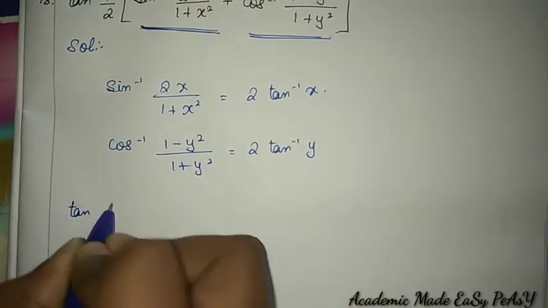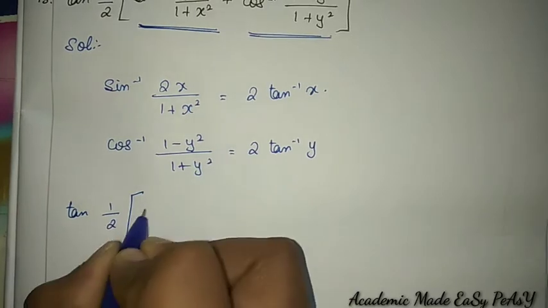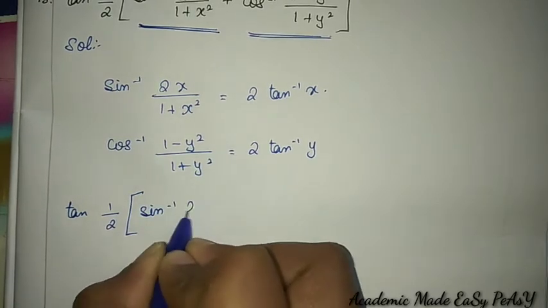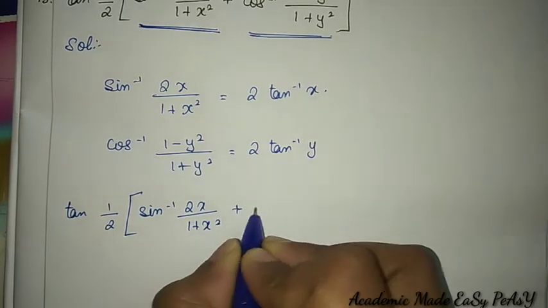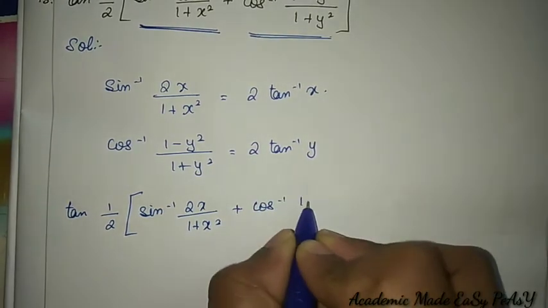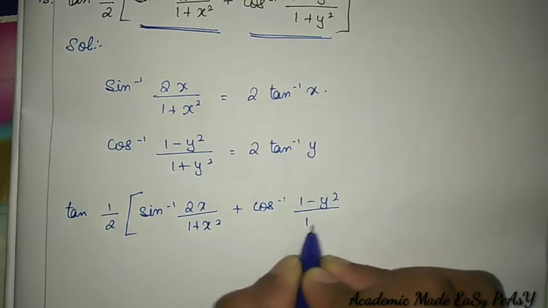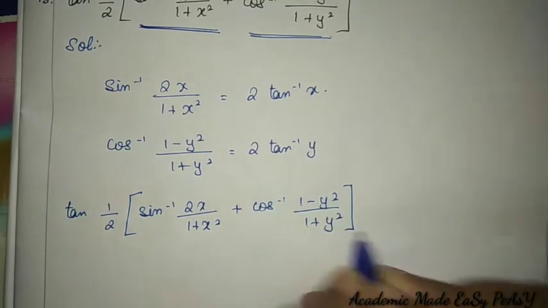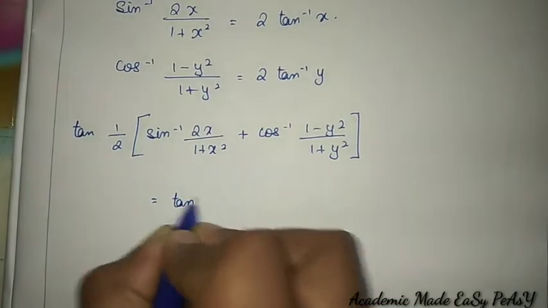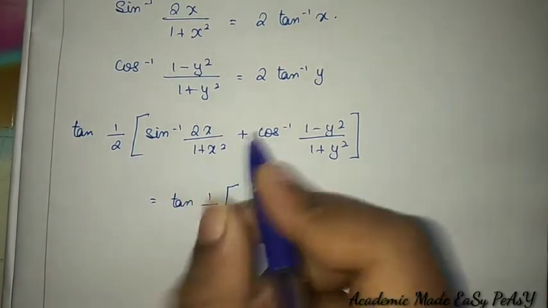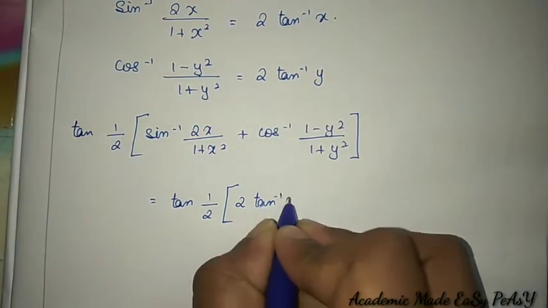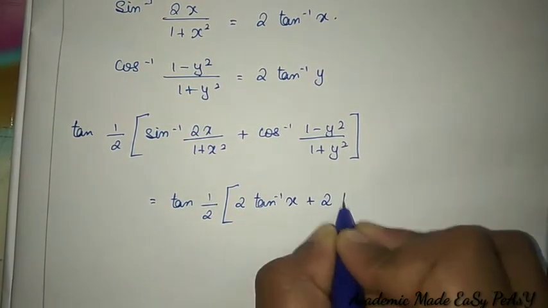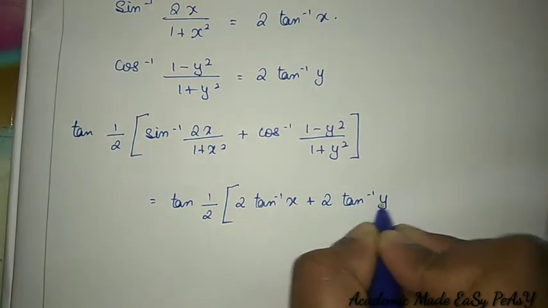Tan of 1 by 2 into sine inverse 2x divided by 1 plus x square plus cos inverse of 1 minus y square divided by 1 plus y square is equal to tan of 1 by 2 into 2 tan inverse x plus 2 tan inverse y.